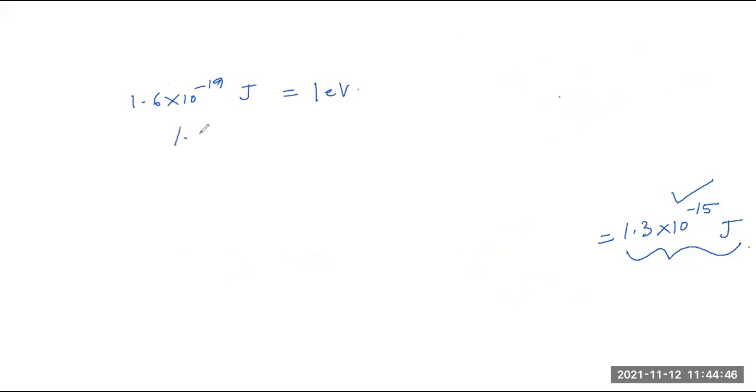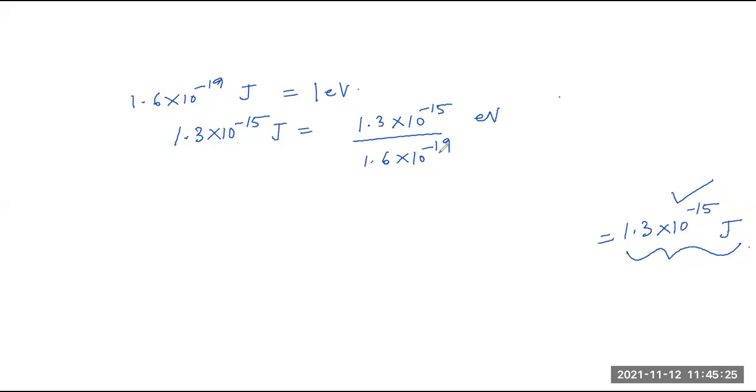So 1.3 into 10 to the power of minus 15 joule is equal to 1.3 into 10 to the power of minus 15 by 1.6 into 10 to the power of minus 19. What unit? EV. Electron volt.